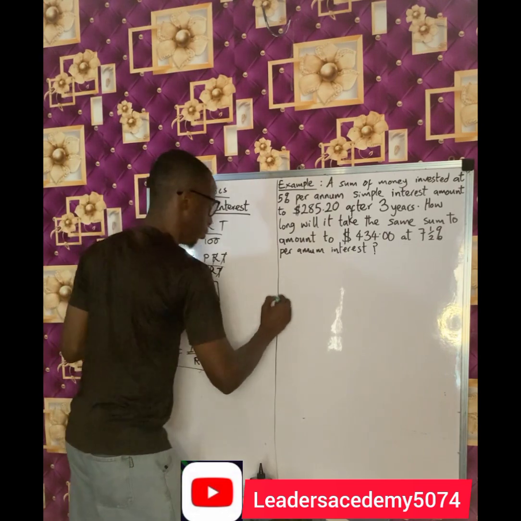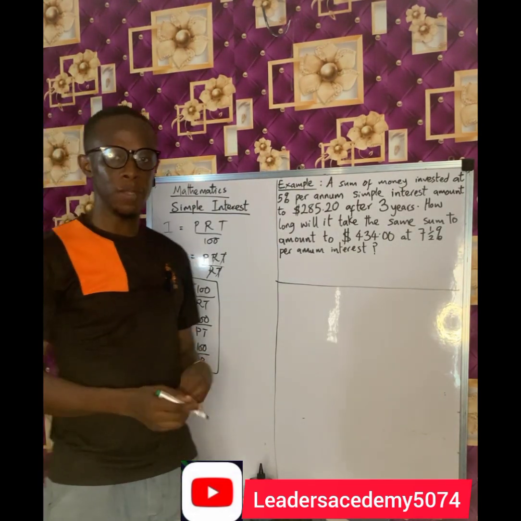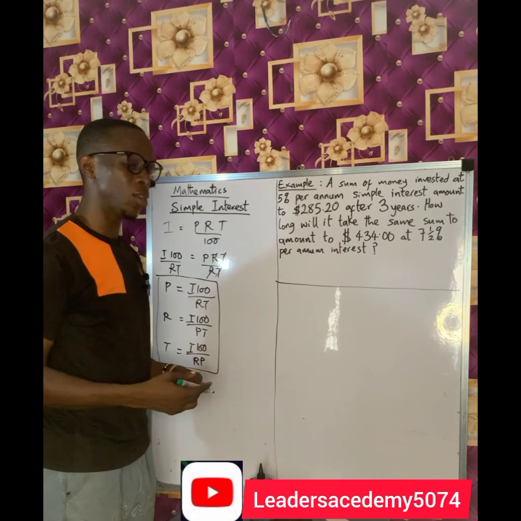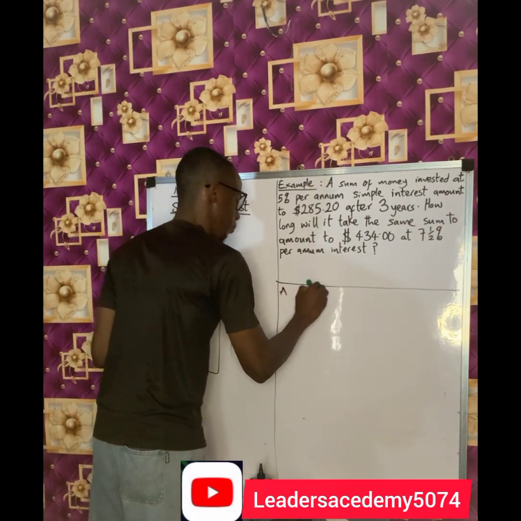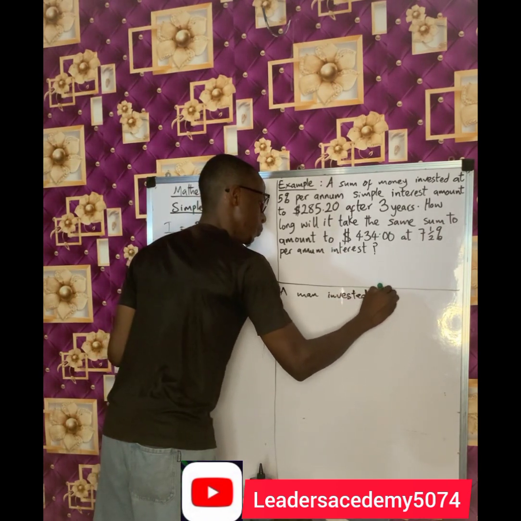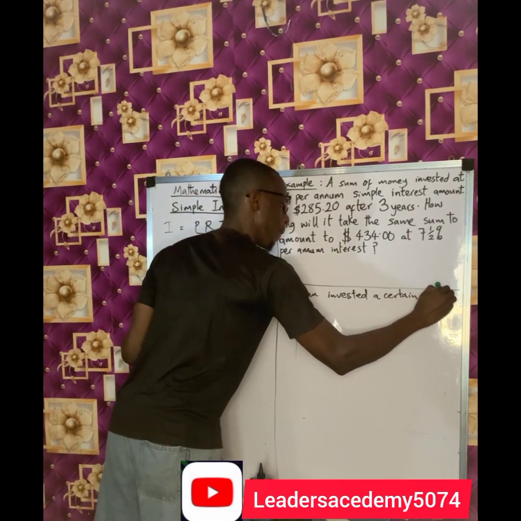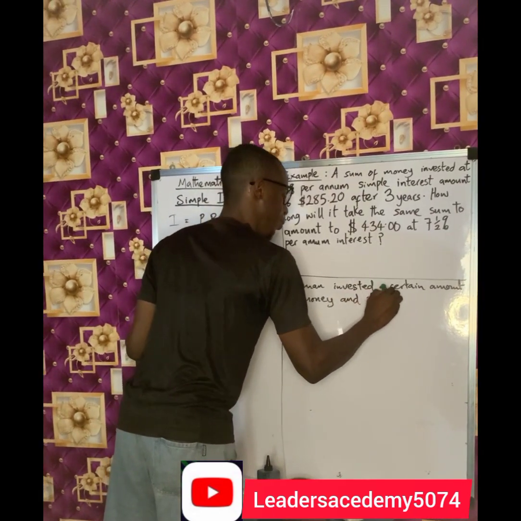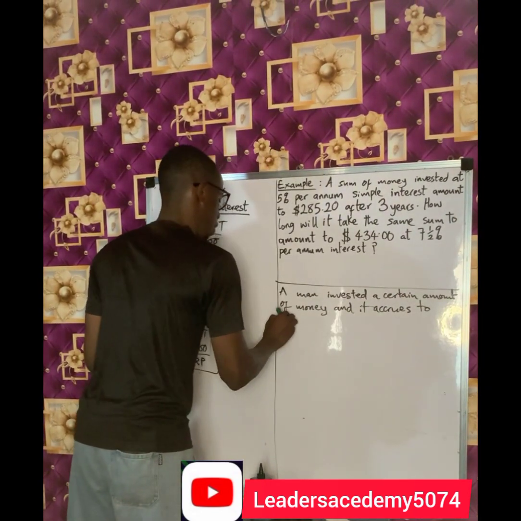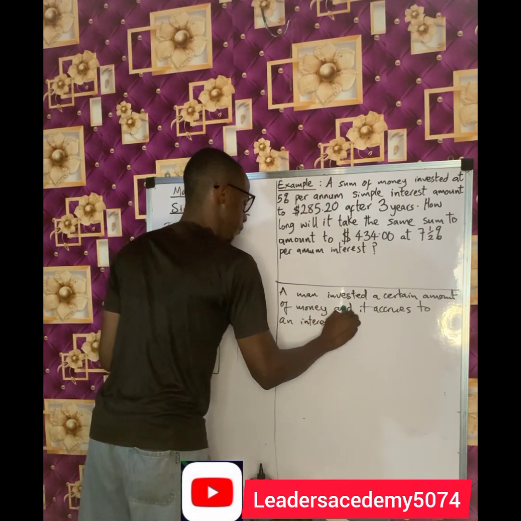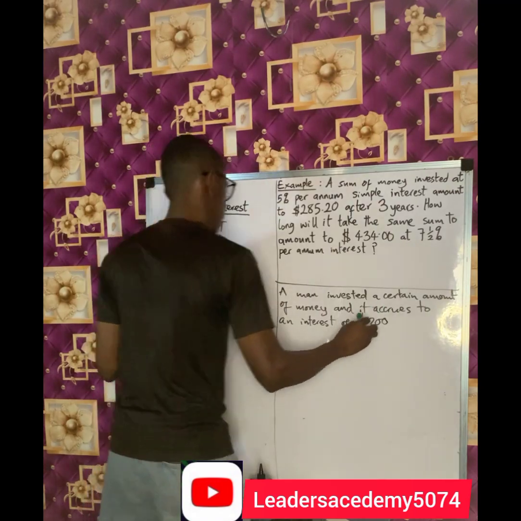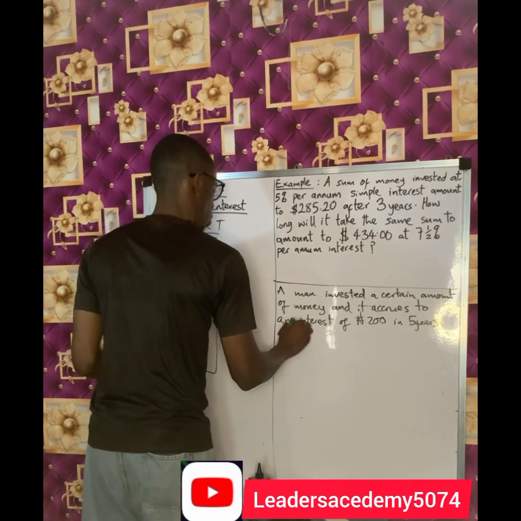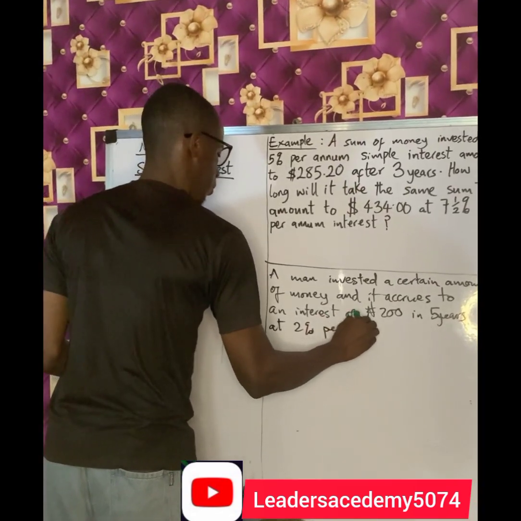So for this, let me say I have a question. A man invested a certain amount of money and it accrued an interest of 200 naira in 5 years at 2% per annum.